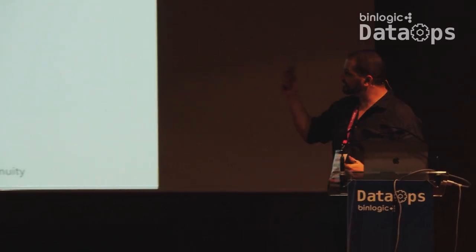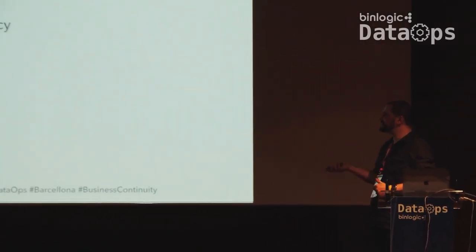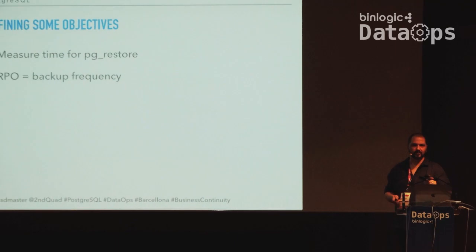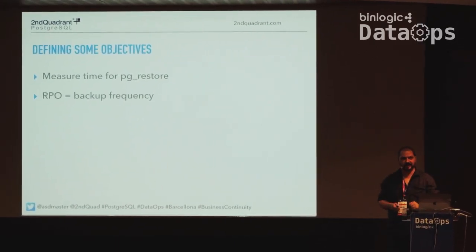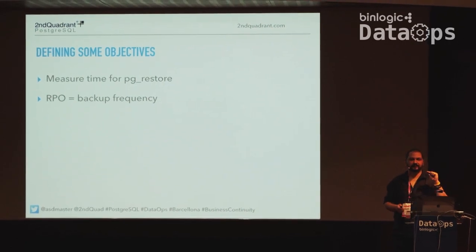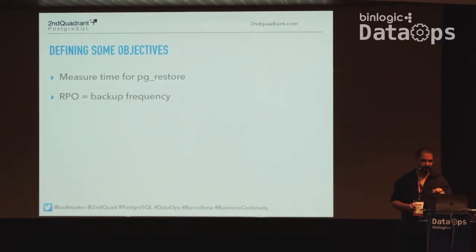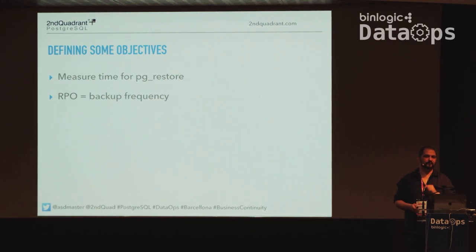And we can define an RPO based on the backup frequency. So if we take a backup every day at 4 o'clock in the morning, and we have a disaster at 3:59 in the morning, okay, we lose 1 day of data. This is the RPO that we have, okay?